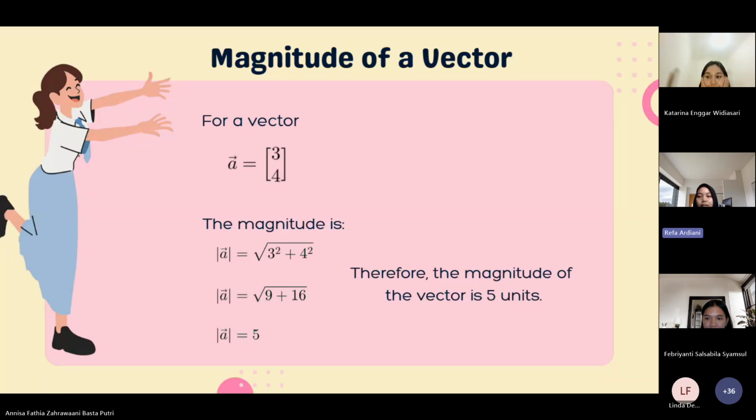Next is magnitude of a vector. As explained before, magnitude is the size or length of the vector. For the example, vector A equals (3, 4). To find the magnitude of the vector, we can use the formula: square root of x to the power of 2 plus y to the power of 2.